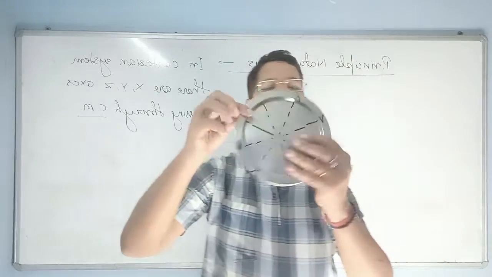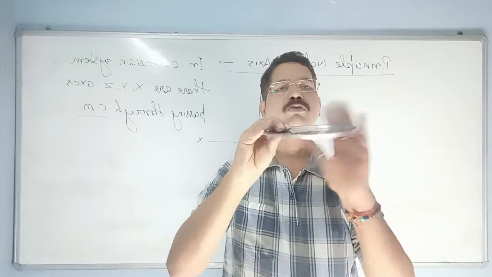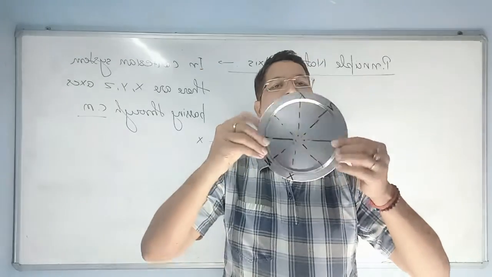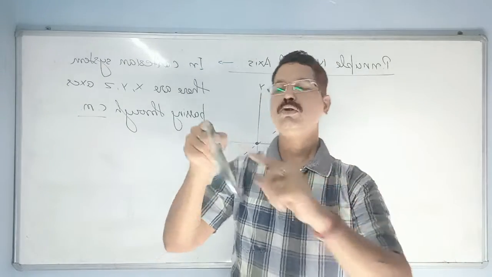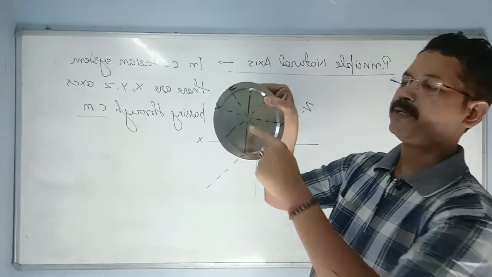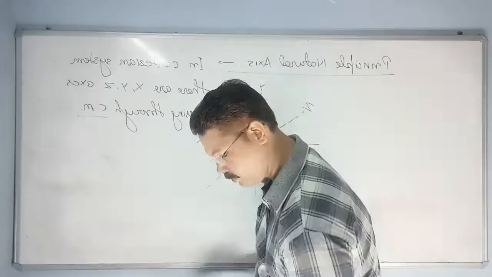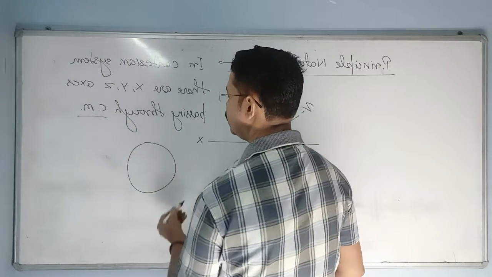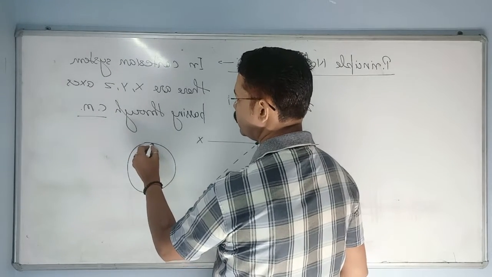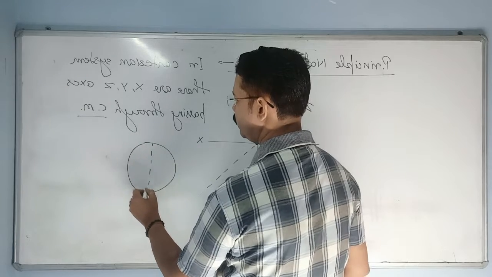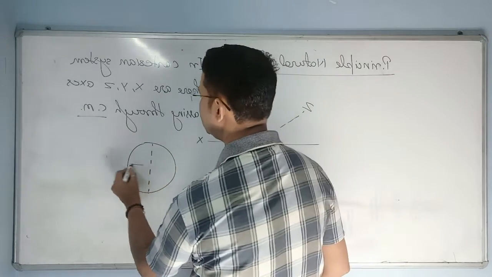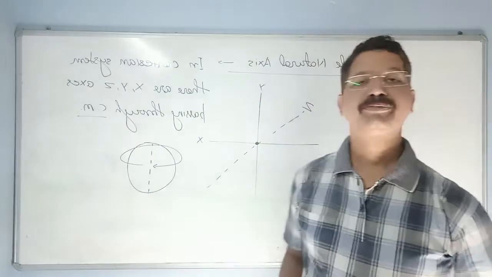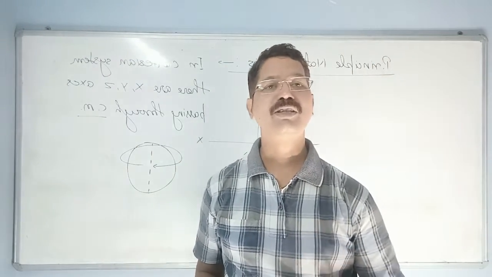If this is a circular body, and this circular body rotates about this axis, you can imagine this is the diameter of the body. When the body is circular, and it is rotating about the diameter, this is rotational motion about the diameter of the body.